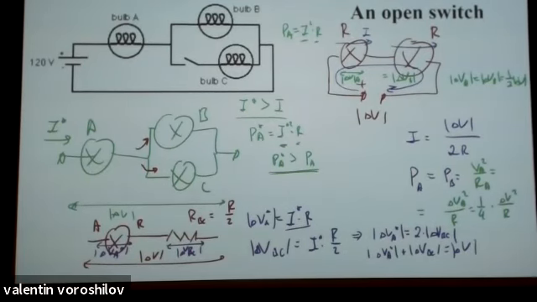So we could immediately say, well, if my voltage is 120, here are the numbers for each voltage. And what does it say? This voltage should be equal to 1/3 of the total. The new voltage for bulb A should be equal to 2/3 of the total.